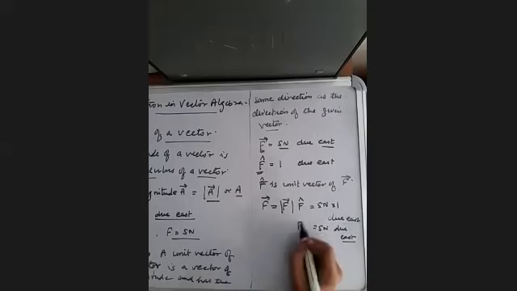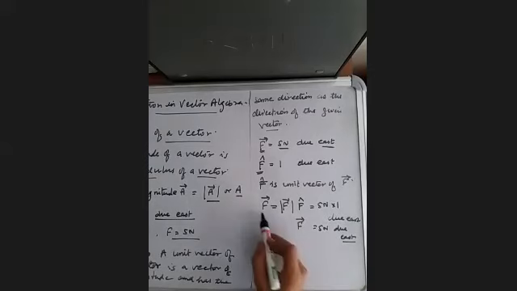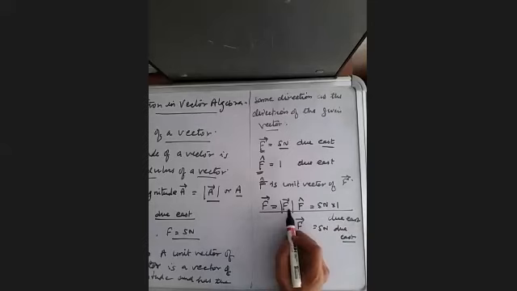So once again, F vector will be equal to the magnitude of the vector multiplied by the unit vector. The magnitude of the vector is 5 Newton and the unit vector magnitude is 1, but the direction is east. So F vector is equal to 5 Newton due east.